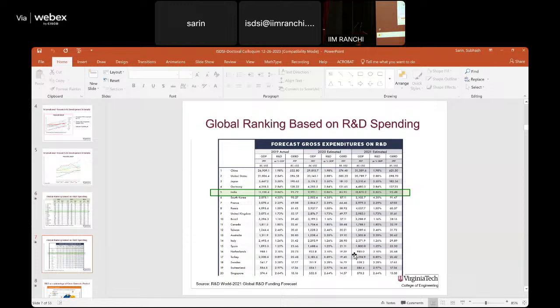Going forward, about 2021, India moved up a little bit in total amount of research intensity, so it's about $95 million. But still, the R&D percentage, the research intensity, is still less than 1%, 0.86.